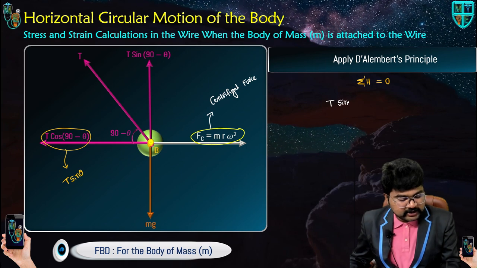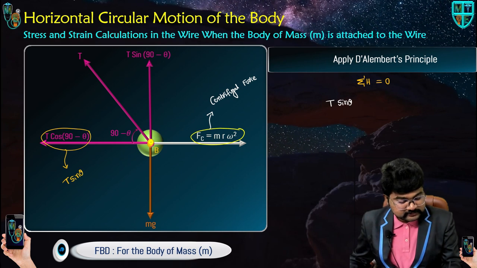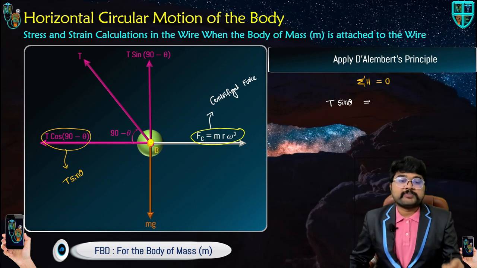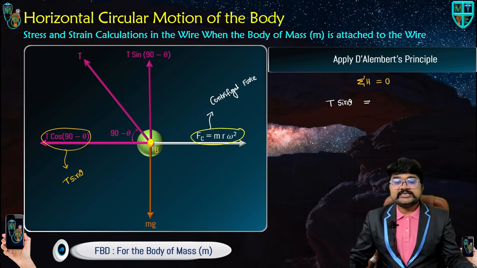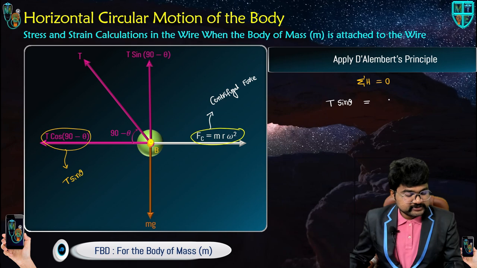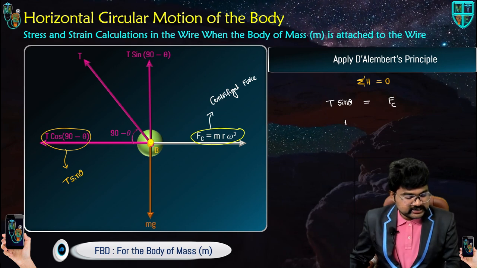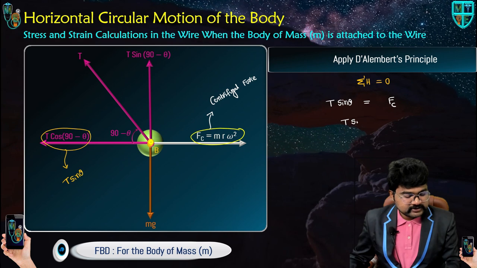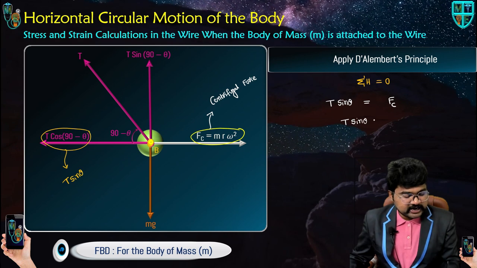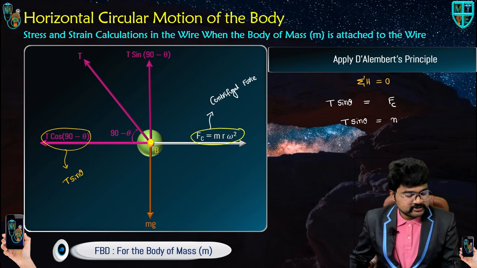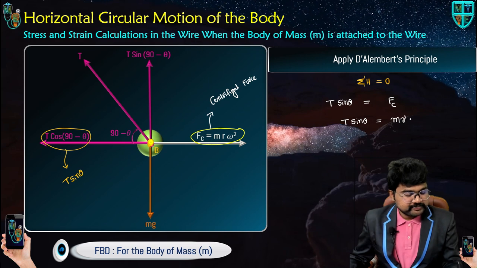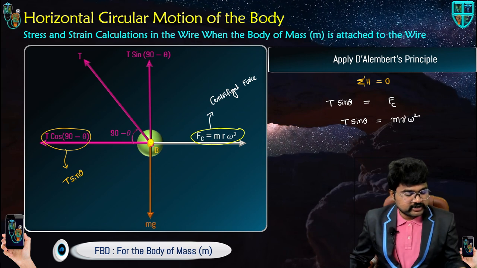Confidently, sum of the left forces equals sum of the right forces. T sin theta equals the centrifugal force. So here T sin theta equals m r omega square.